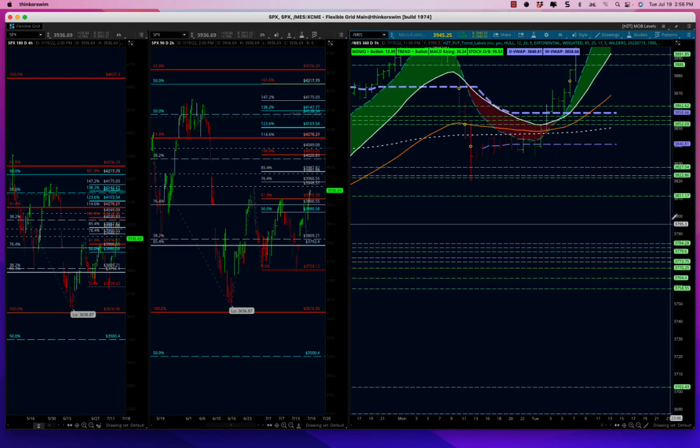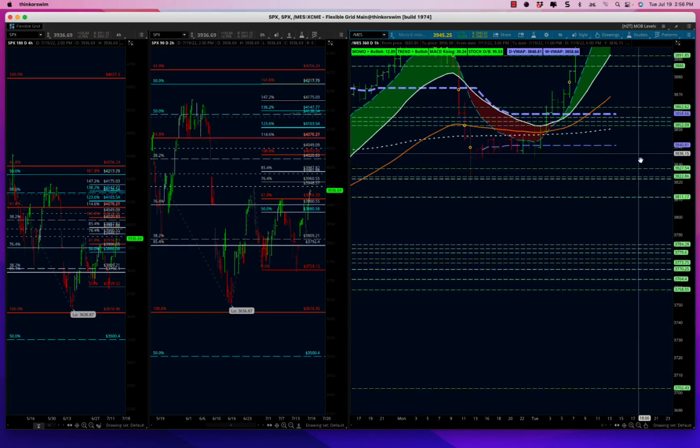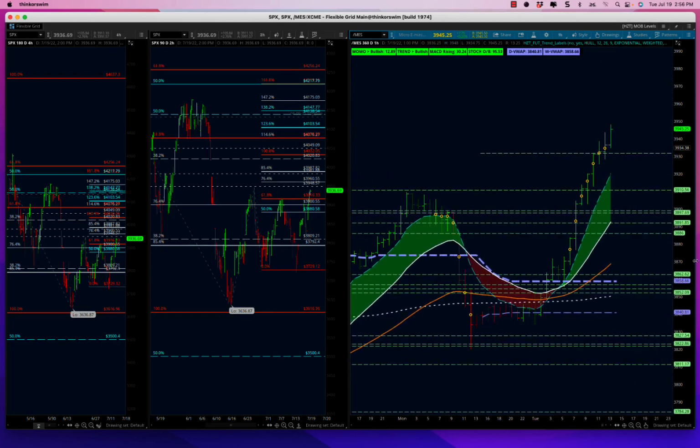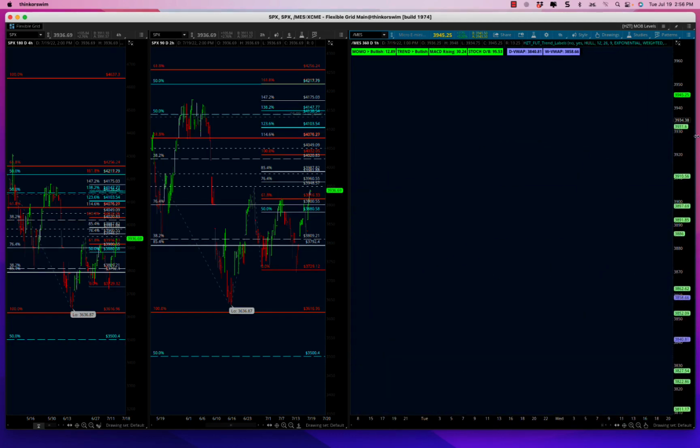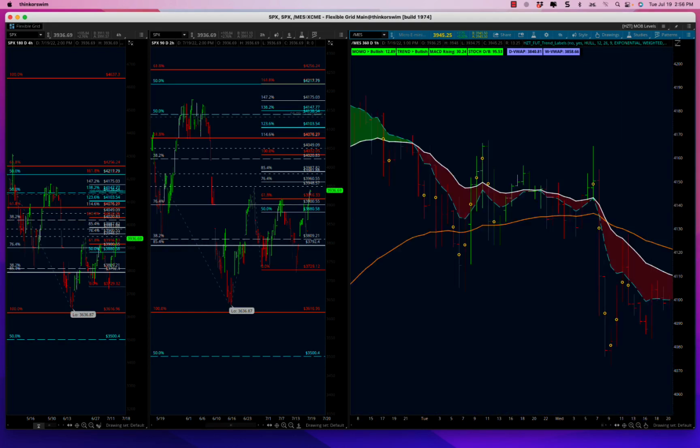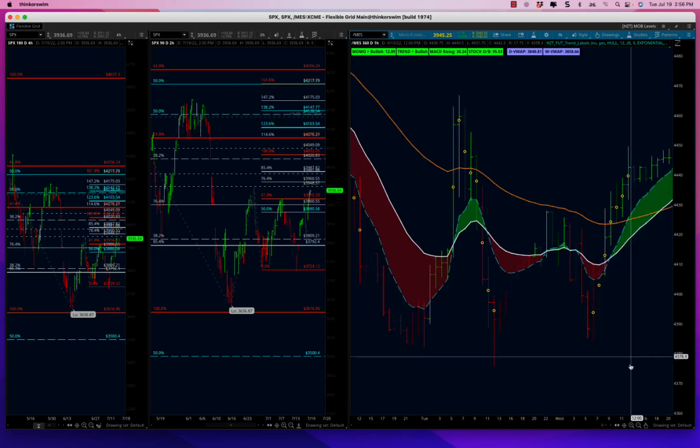So as price approaches a particular zone, I would like to know if there's a POC nearby. So yes, short answer, I do take point of control into account when I'm trading intraday levels.